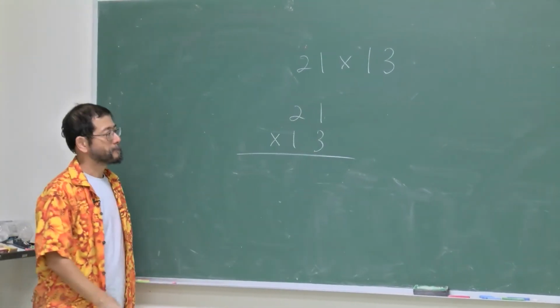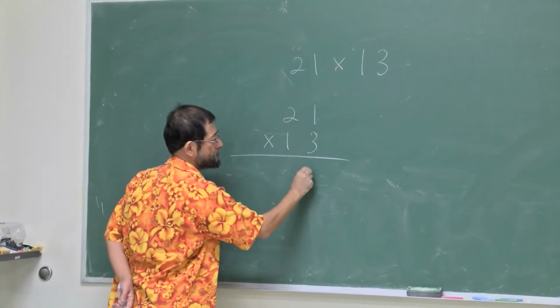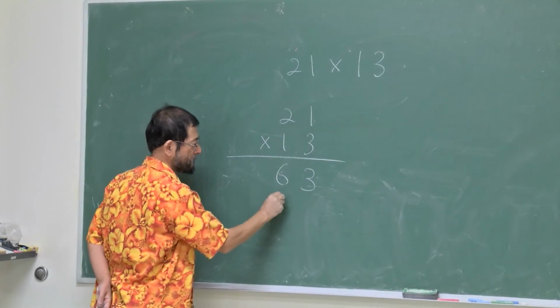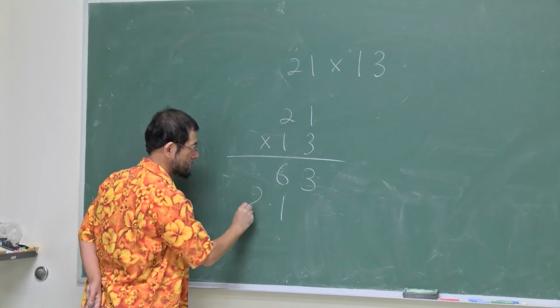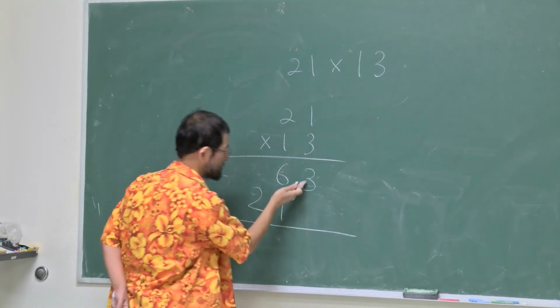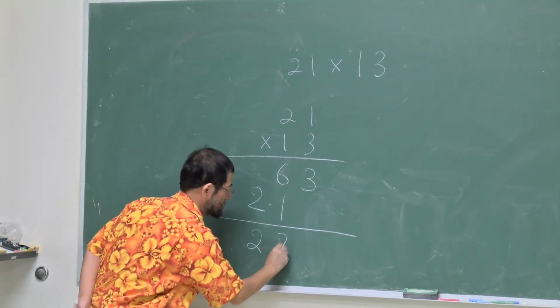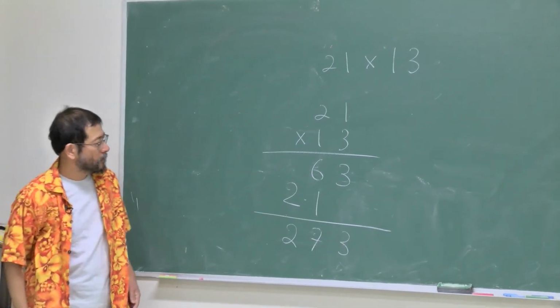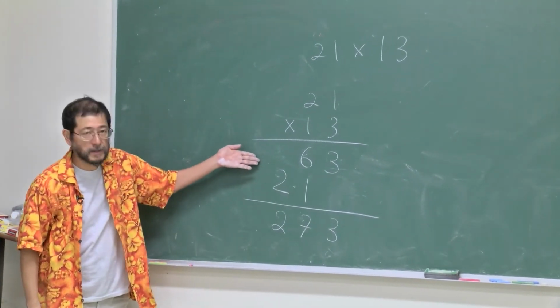How do you do that? 3 times 1, 3. 3 times 2, 6. 1 times 1, and 1 times 2. Then you just add these. So then you have 273 here.